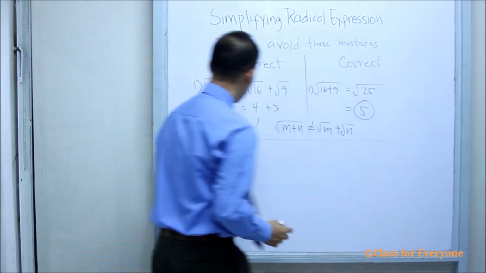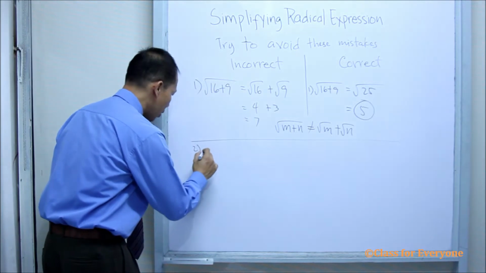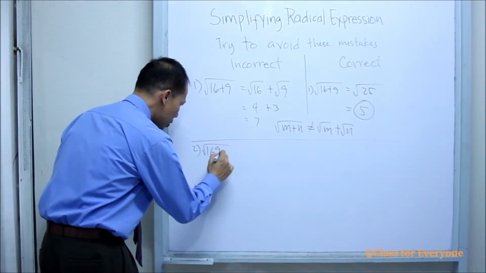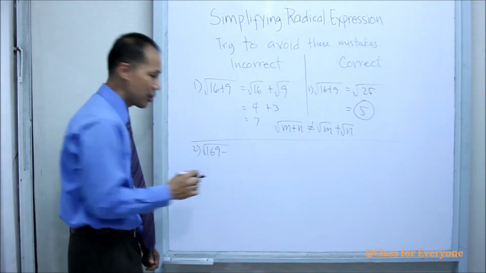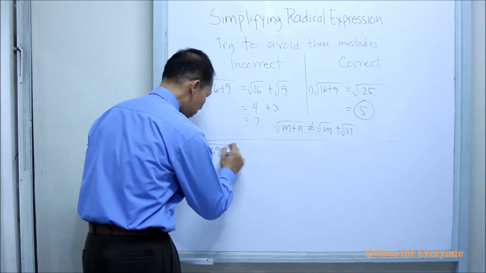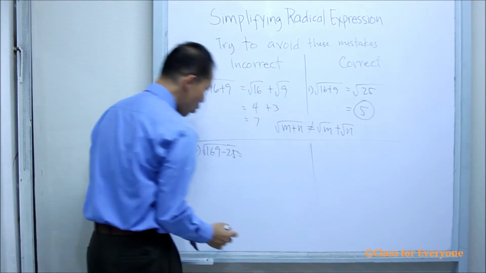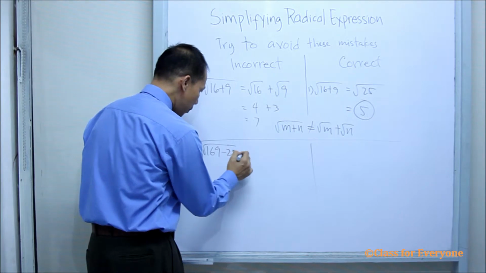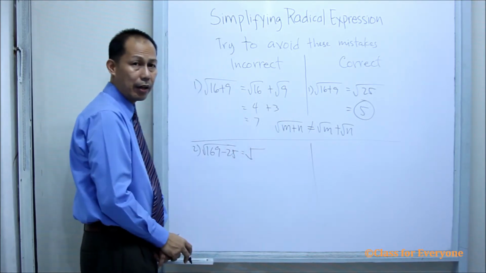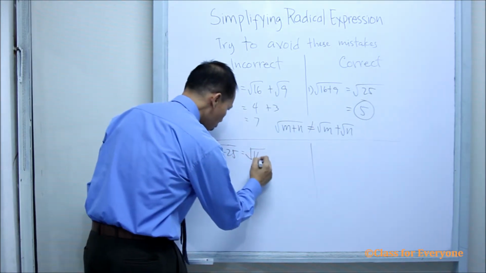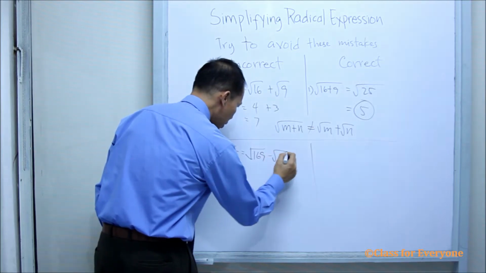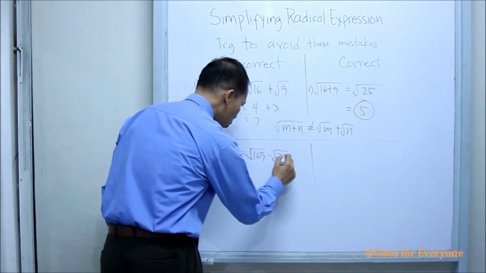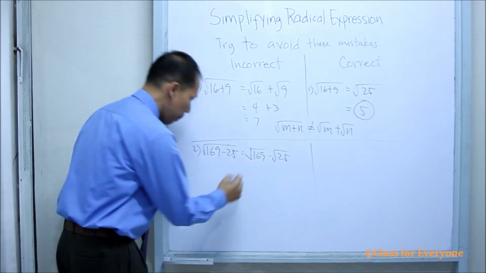Likewise, if we have this example, the square root of 169 minus 25, the students simplified it this way: the square root of 169 minus the square root of 25.